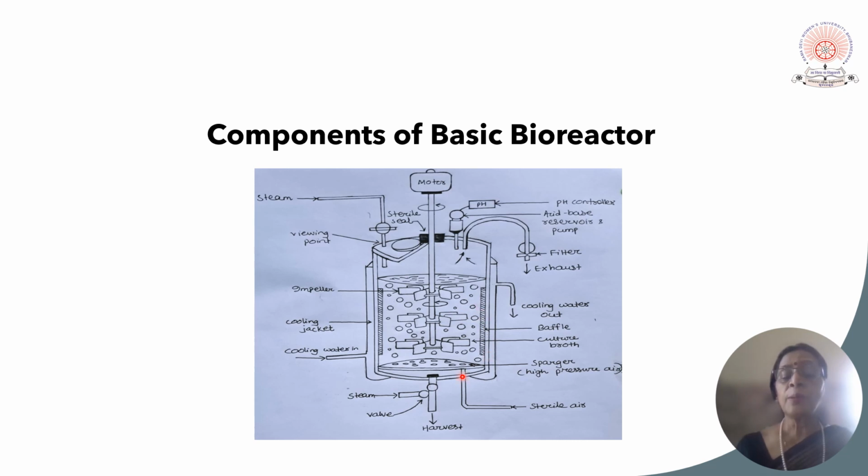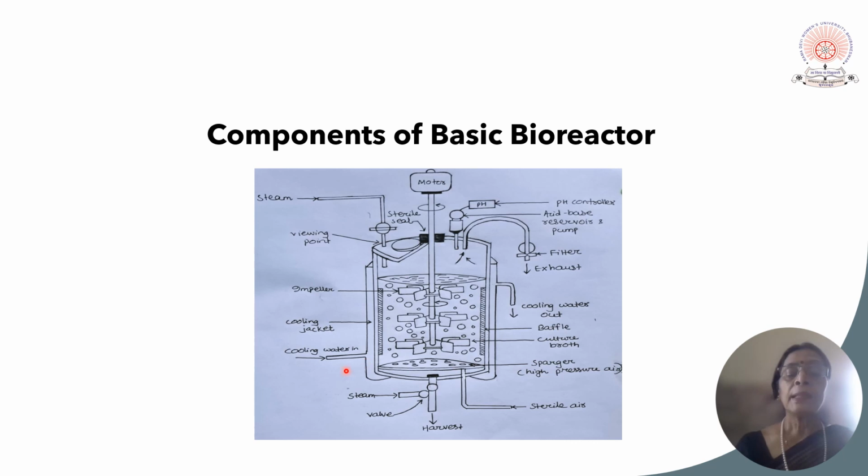The smaller the bubble, the larger the surface area, and it is better for the operation of the bioprocess. Smaller bubbles are important, but more pressure is required to pass these bubbles through small holes. There are different types of sparger, but the spargers are provided with holes, and from the bottom the sterile air or oxygen comes and passes through these holes, and it is added to the medium.